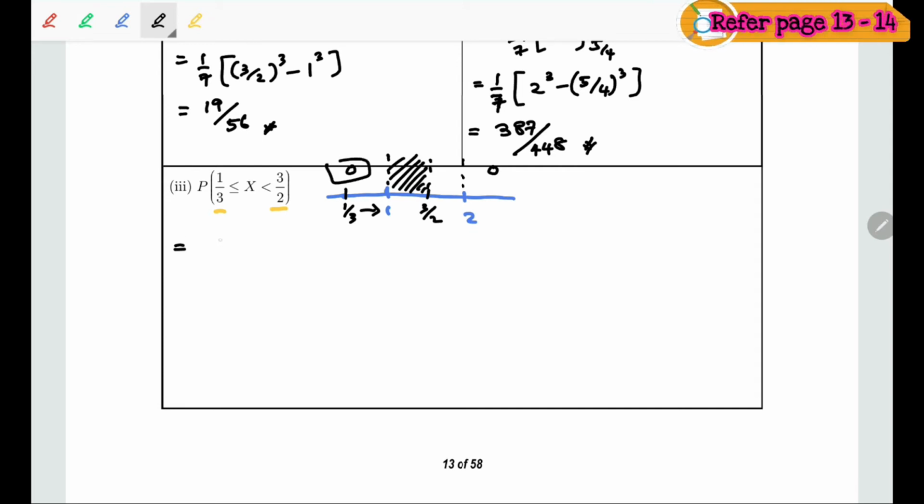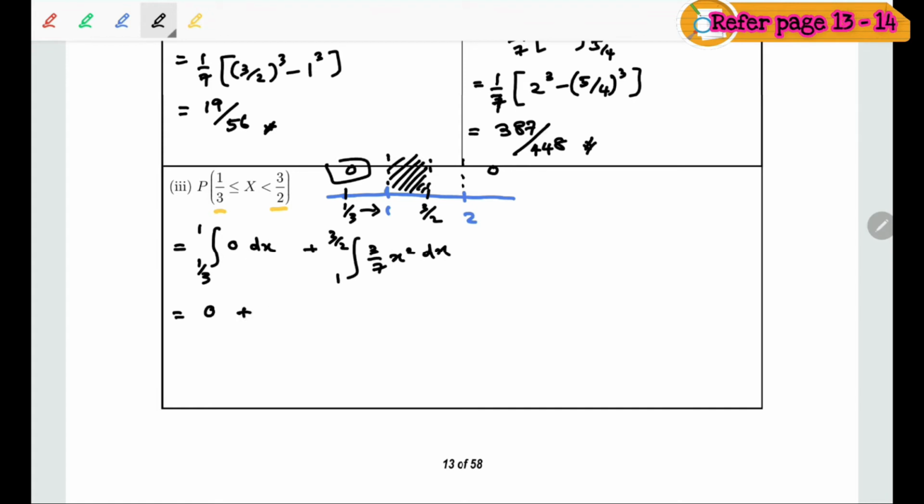So we are going to write down, the probability for this one is equal to the integration from 1 over 3 to 1 of the 0 function, or you can just skip this part, plus the integration from 1 until 3 over 2 of the function 3 over 7 of x squared dx. Since you integrate the 0 function, it gives you 0.